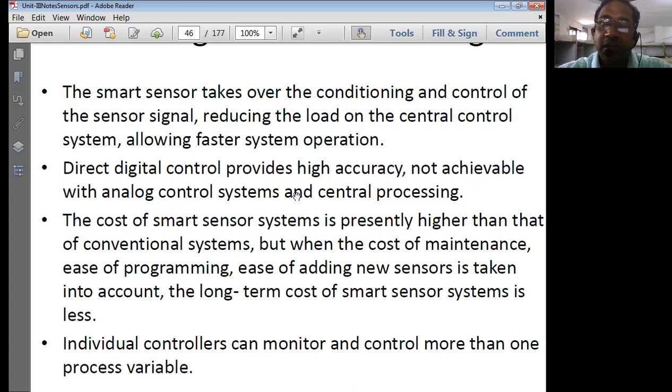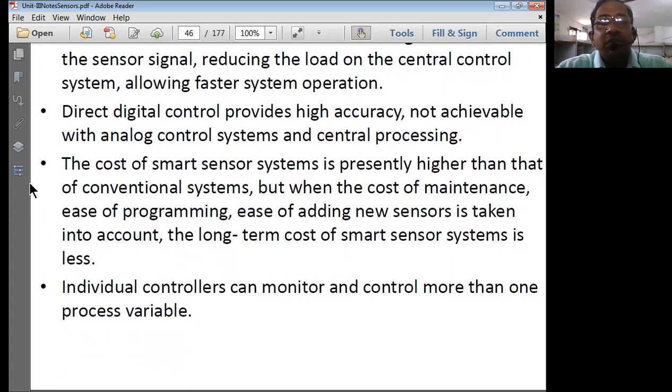Instead of transmitting it to the D to A converter, which is connected separately to the sensor unit, directly we are doing this digital control processing, which increases the accuracy, which is not achievable with analog control systems and central processing devices, the digital central processing devices used in the smart sensors.